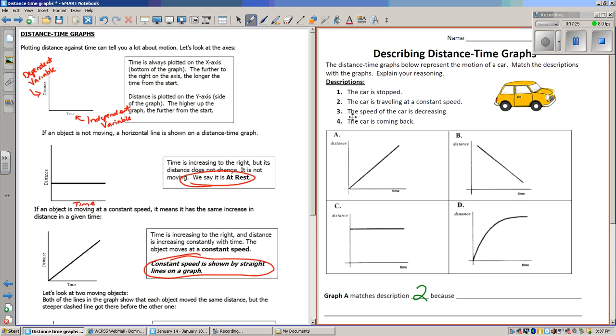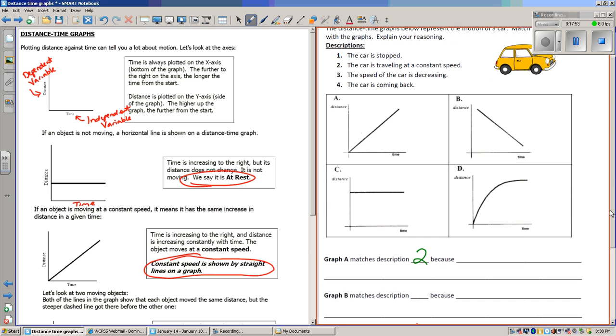All right, and feel free to stop this video at any time if you need more time to write things down. But number 3 says the speed of the car is decreasing. Okay, so we've already considered A and C. Which one of these, B or D, shows that the speed of the car is decreasing? B or D? Which one? Hopefully you said D, right?